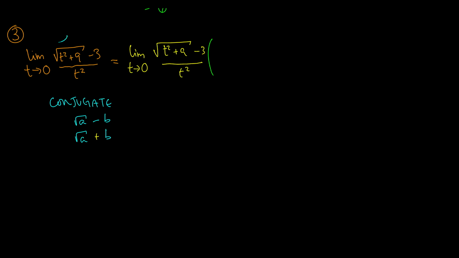So in this situation, we have this being our a, and this is our b. So we take the minus and we multiply the top and the bottom by the conjugate. So here we're going to get the root of t squared plus 9 plus 3 divided by the same thing.